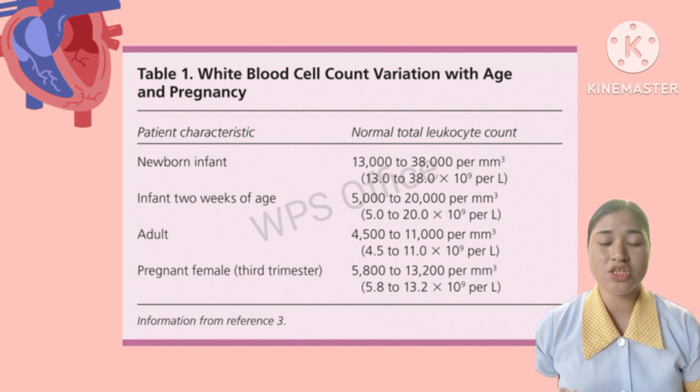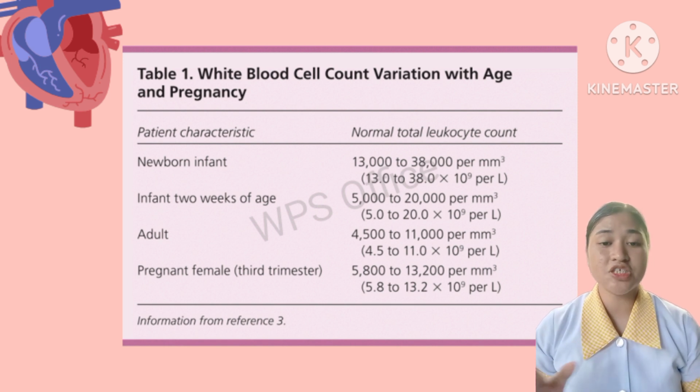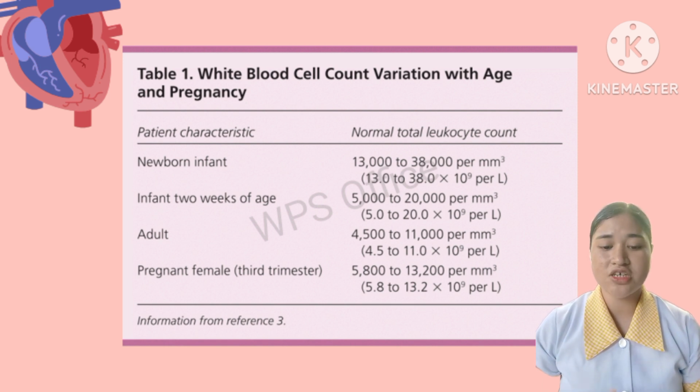It begins to decrease as the immune system starts to stabilize and adapt to the environment outside the womb. And for an adult, of course, it's 4,500 to 11,000 per cubic millimeter, a stable range that reflects a fully developed immune system. Variations within this range can be caused by infections, stress, inflammation, etc.